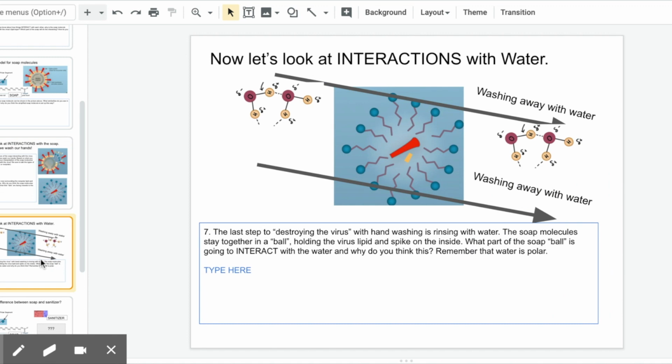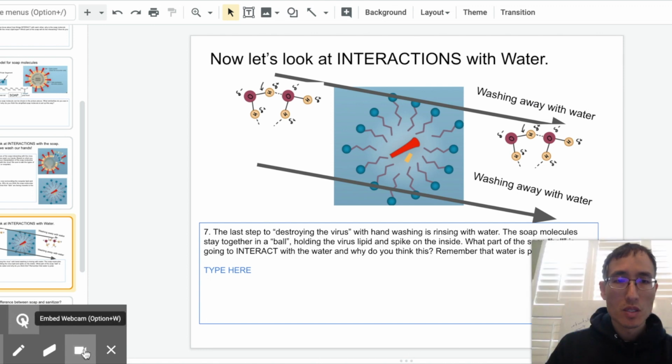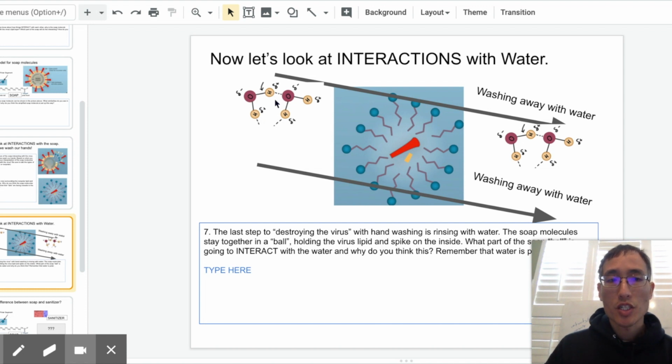And then finally, when you have the soap particles surrounding these parts of the virus, well, when I wash my hands, you use soap and then you use water at the end, and this water is going to wash this away.